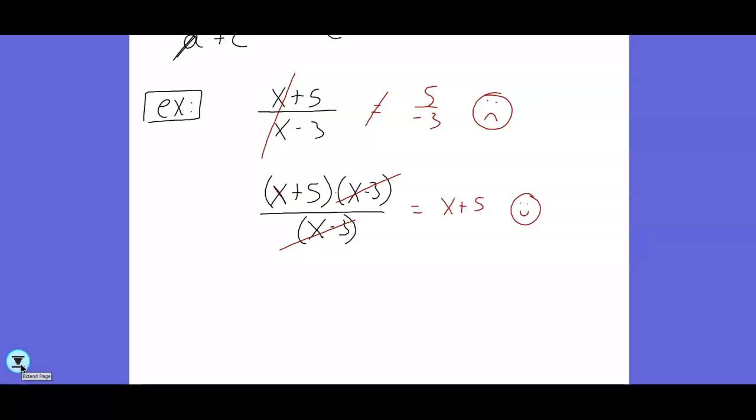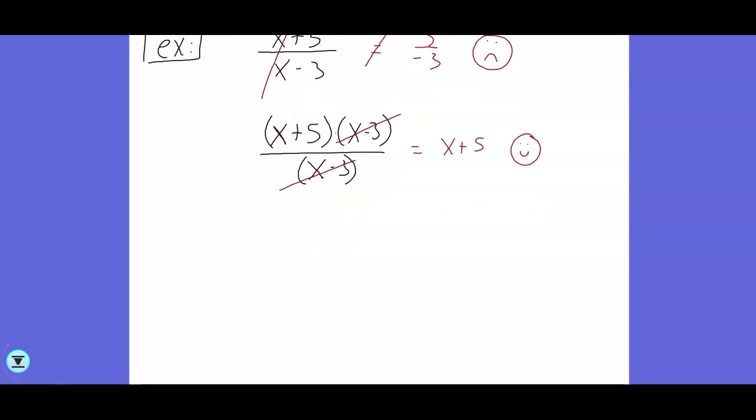Okay. Here's another situation to consider. If we can just continue to look at a few examples of canceling rules here. So if I have this, okay, you can't cancel anything here.